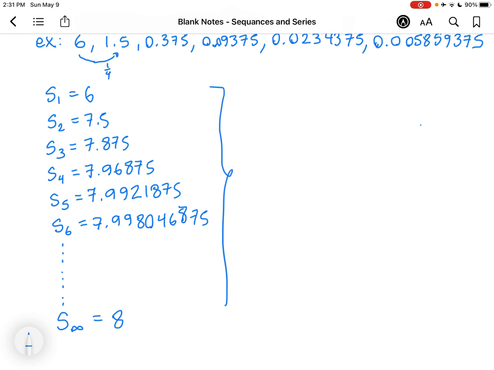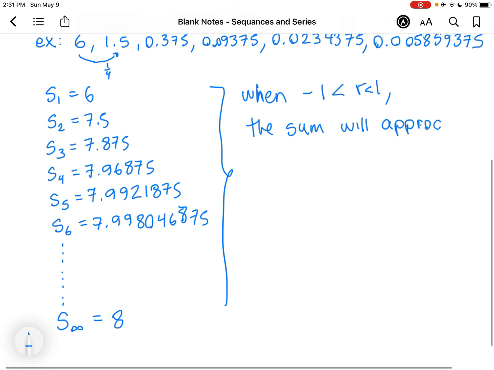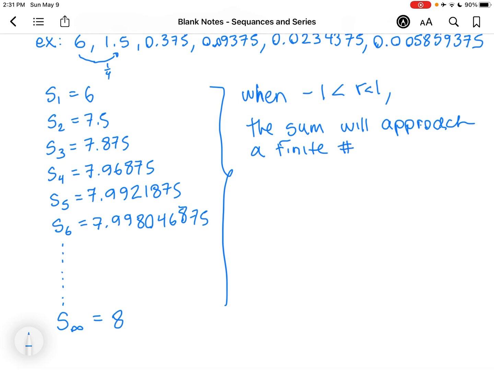So in general, when the common ratio is between -1 and 1, the sum will approach a finite number, and we say that the sum converges.